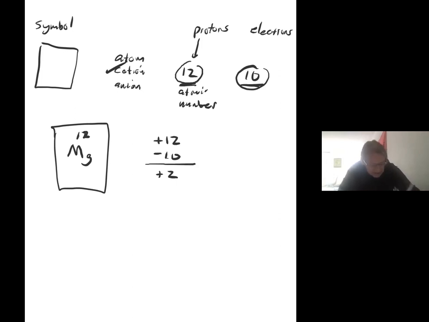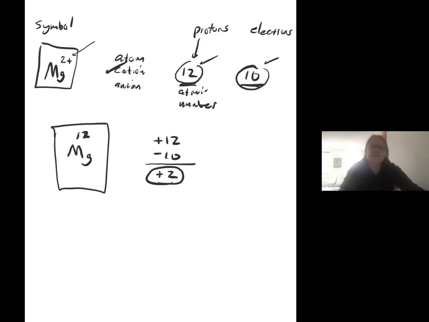So now we know it's Mg, but we also know the charge. But remember, when you write this, you put the number first and then the symbol. So you put the 2 and then the symbol plus. So more protons, fewer electrons, it's going to be a cation, which is going to be positive.